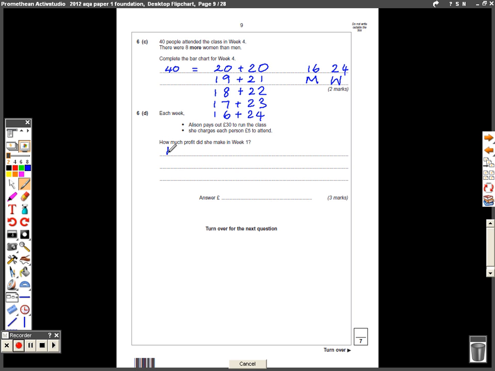So week 1, 10 men, 15 women, total 10 plus 15 equals 25. Now that means that her income, the amount of money coming in, is going to be 25 times 5.